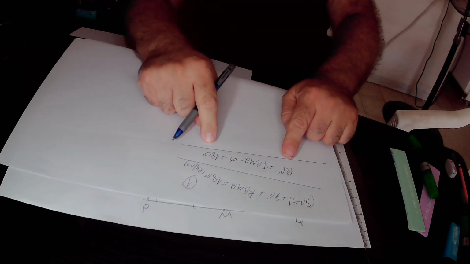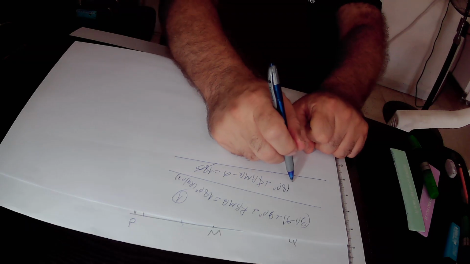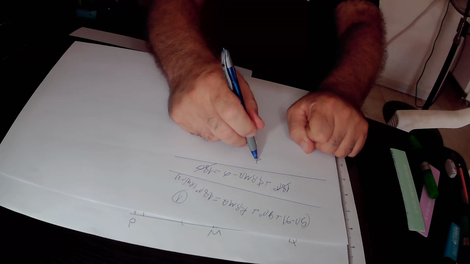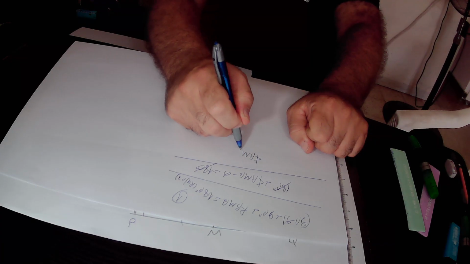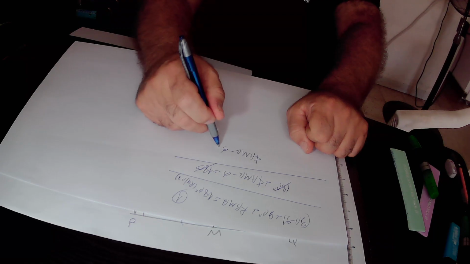We have 180 degrees on both sides of this equation, so 180 degrees will get cancelled. So we cancel 180 degrees. On this side of the equation we are left with the missing angle BMQ minus alpha equals 0.